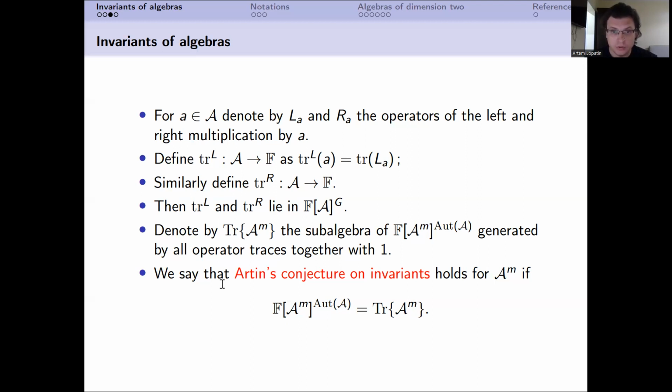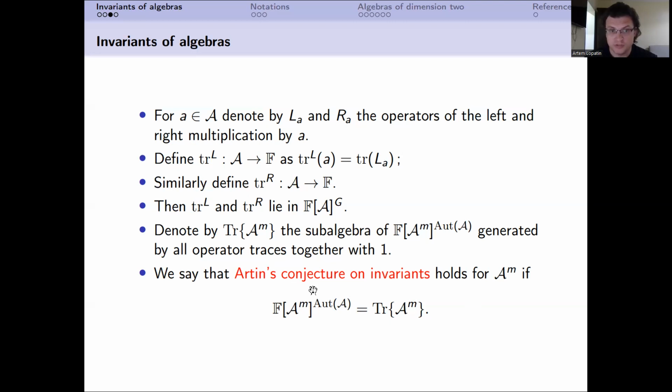And so there was a conjecture formulated by Artin, called the Artin conjecture on invariants, which says that here we have equality. By the phrase Artin conjecture on invariants, we say that the Artin conjecture on invariants holds if we have this equality.